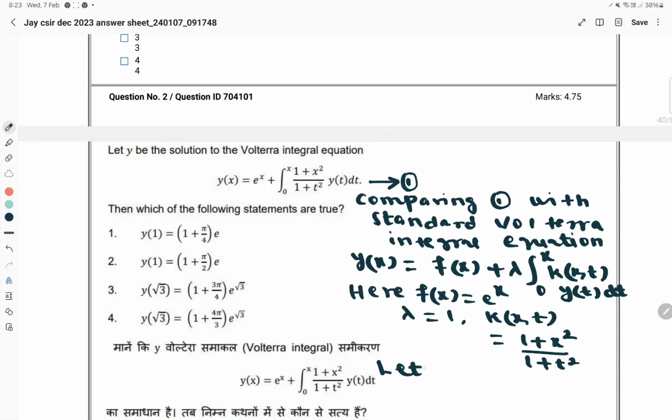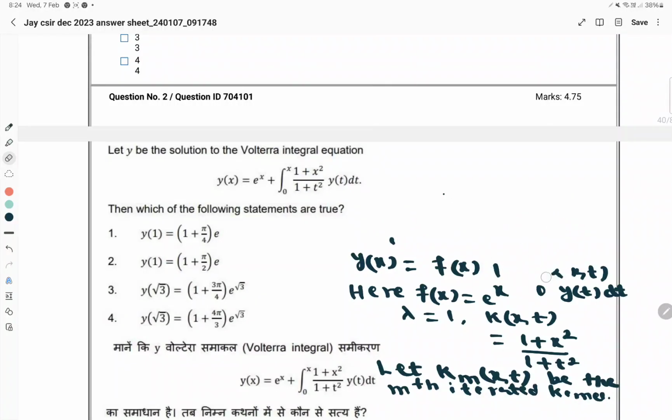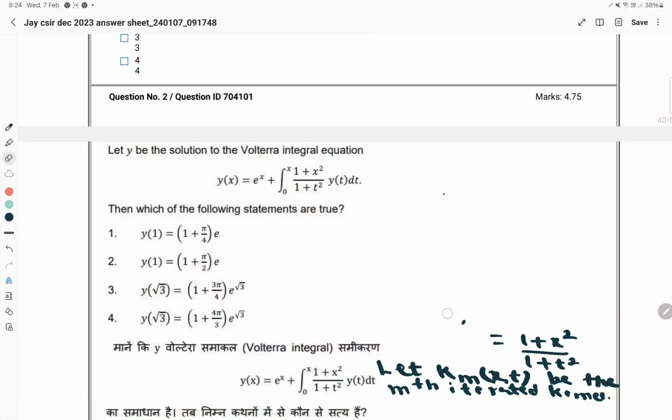Let k m of x comma t be the mth iterated kernel, then k1 of x comma t is equal to k of x comma t.